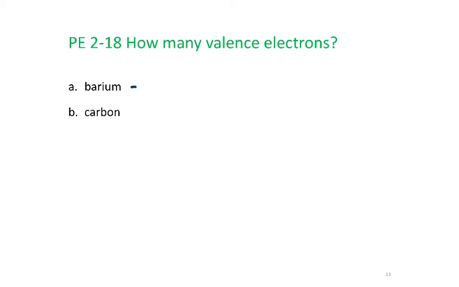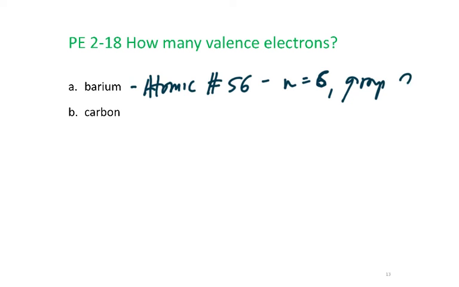Barium is atomic number 56. It is in the n=5 period. I'm sorry, period 6. And it is in group 2A. Right away, once you see it's group 2A, you know that it has 2 valence electrons.